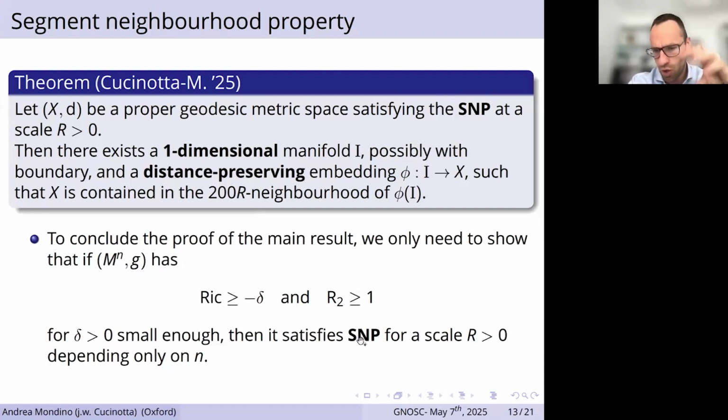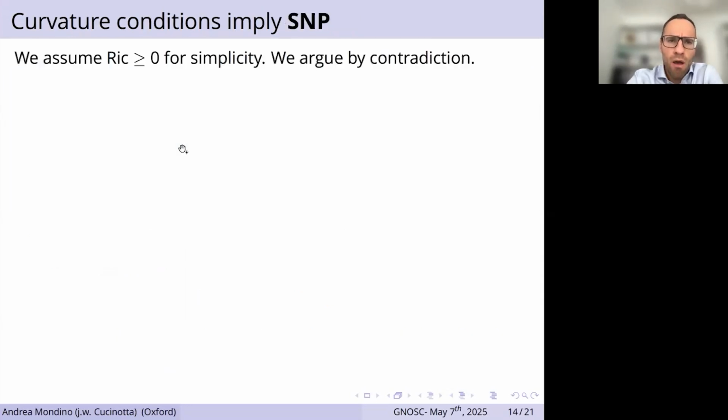Because then we can apply this result and get the one-dimensional manifold. The proof of this theorem needs a little bit of care, but is playing with Jacobi inequalities. It's not too deep, but it needs some care. So now we want to show that the curvature condition implies the segment neighborhood property.